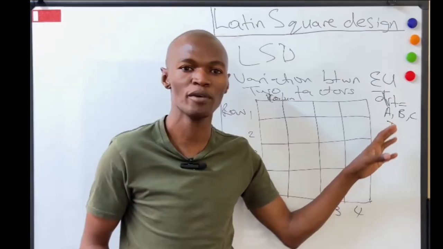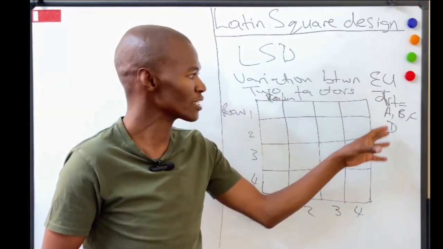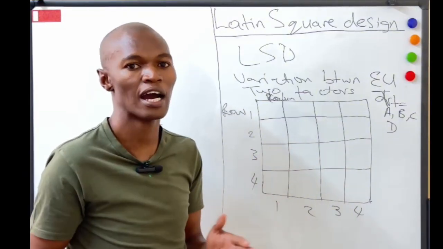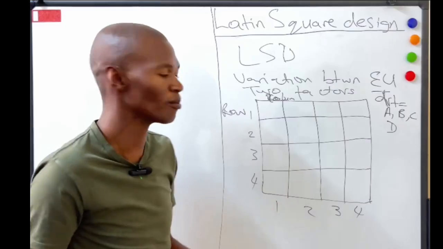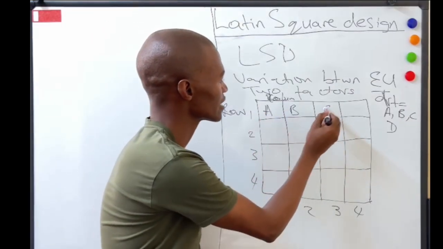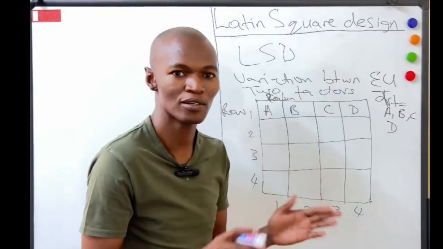Now, you have to make sure that you assign your treatments to these pens. If it's an animal science experiment, you assign the treatments randomly. We can put A, B, C, D. We just put them randomly.